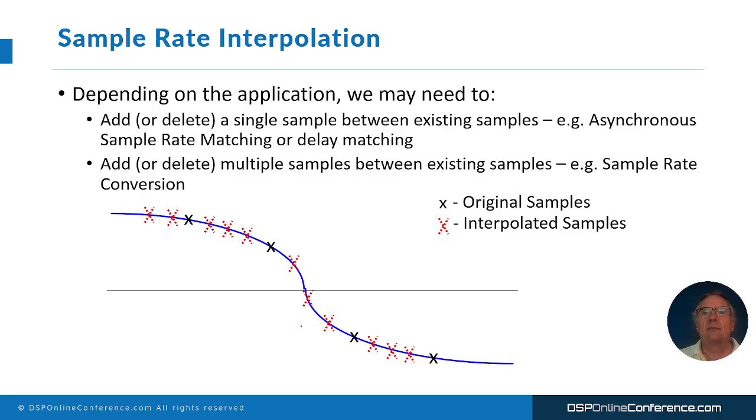For example, in some applications, such as asynchronous sample rate matching or delay matching, we may just be required to add or delete individual samples. But in other applications, such as sample rate conversion, we might need to add or delete multiple samples.